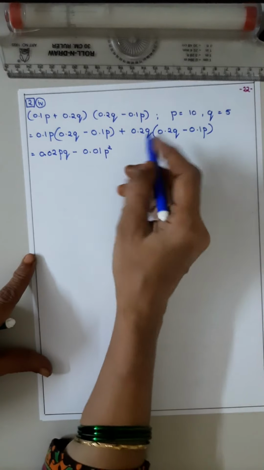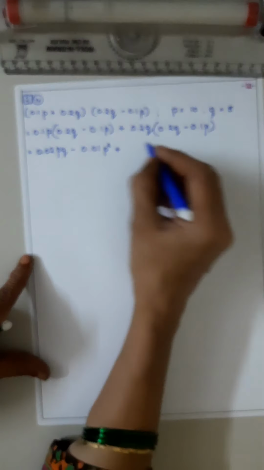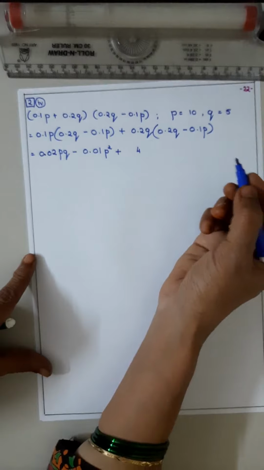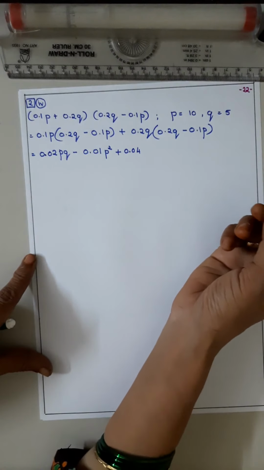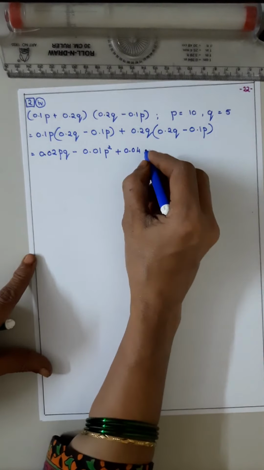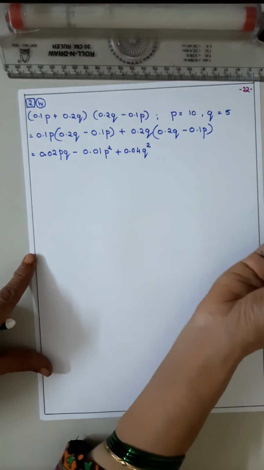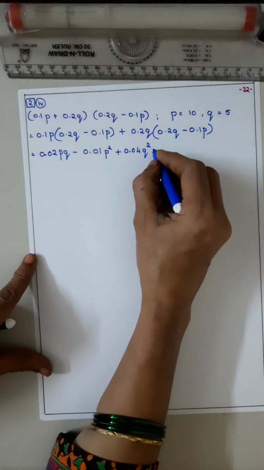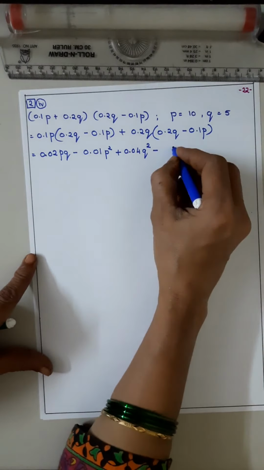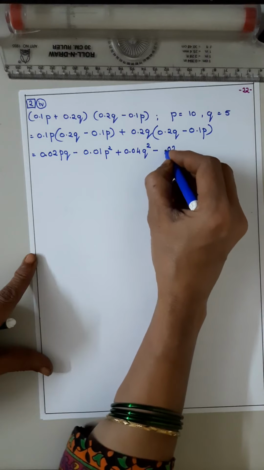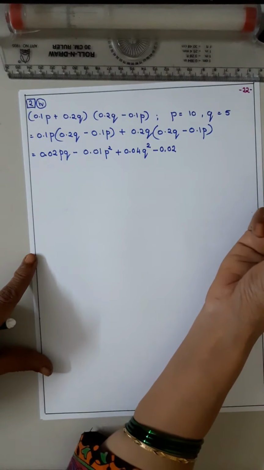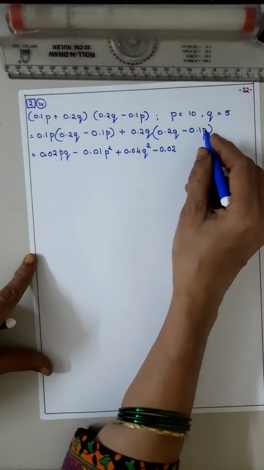Now plus plus plus 2 2s are 4, but 2 decimal, so the answer will be 0.04 q squared. Plus minus minus 2 1s are 2 and 2 decimal, so it will be 0.02 pq.